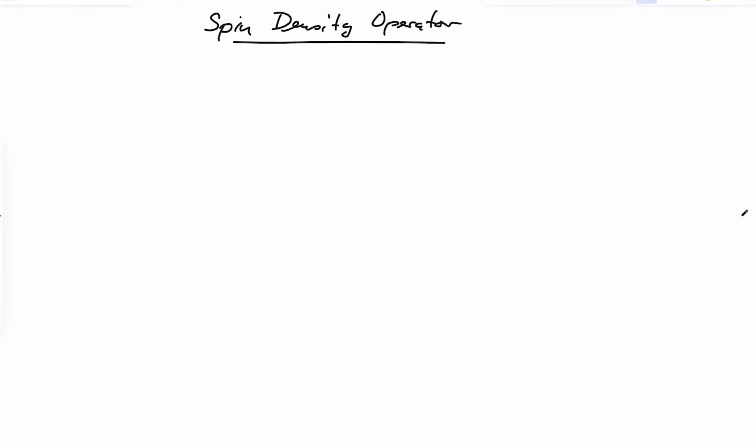The spin density operator we can introduce with a spin ensemble. An ensemble is defined simply as a collection of independent identical systems.